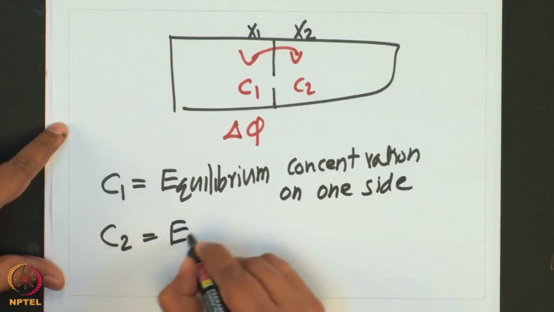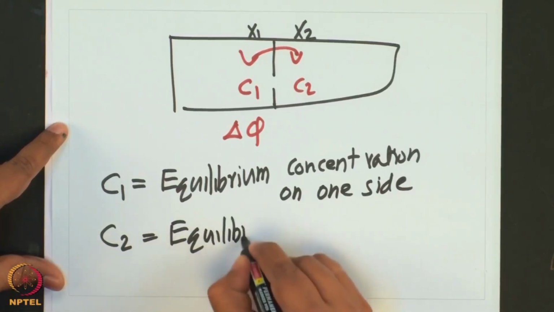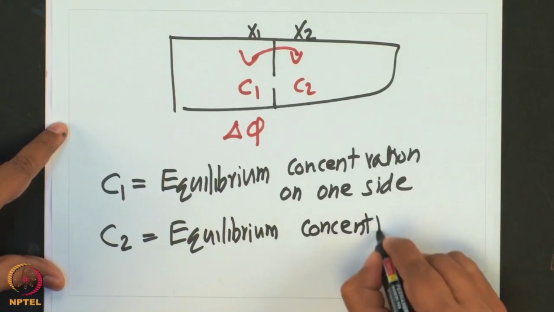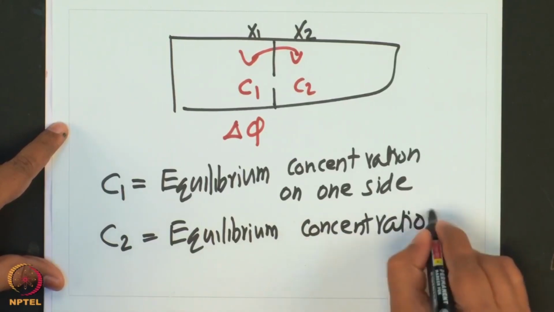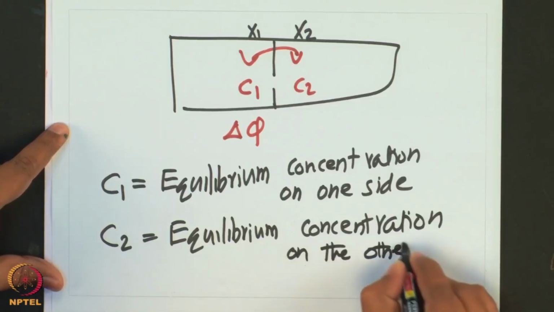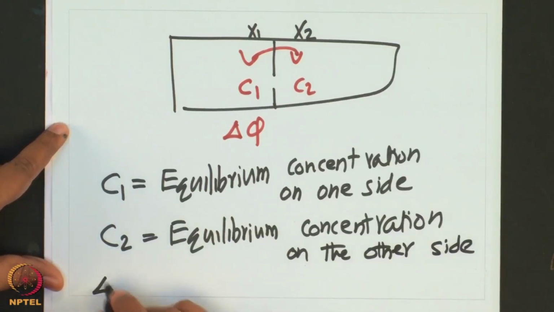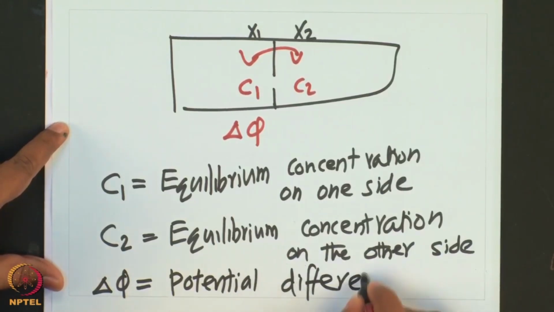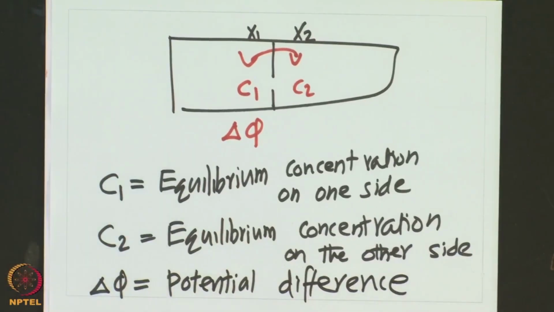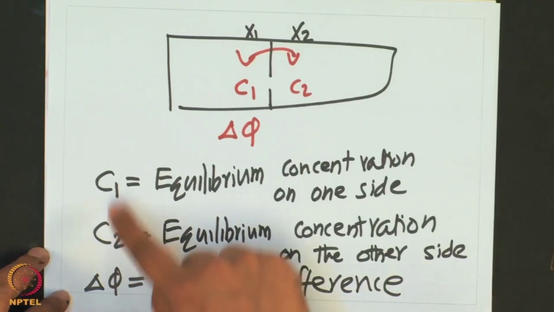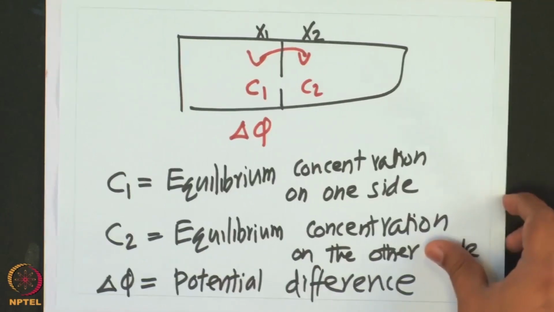C2 is the equilibrium concentration after a long time, when both the flows balance, on the other side. And delta phi is the electrostatic potential difference. So, these are the quantities of interest, delta phi, C2 and C1, and this is the relation between them.